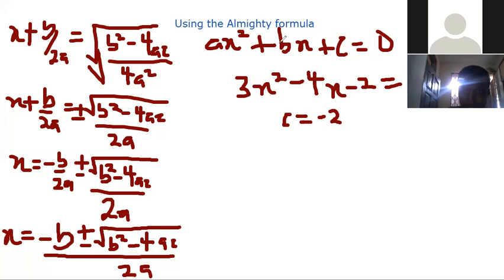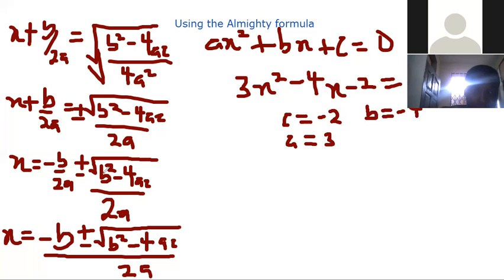Then b will be equal to negative 4, and a will be equal to 3.